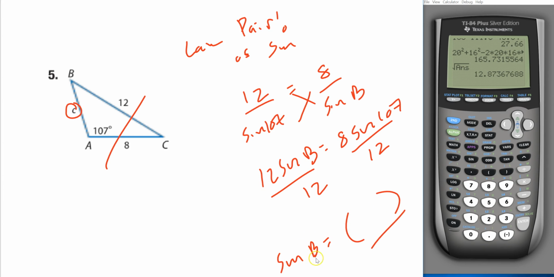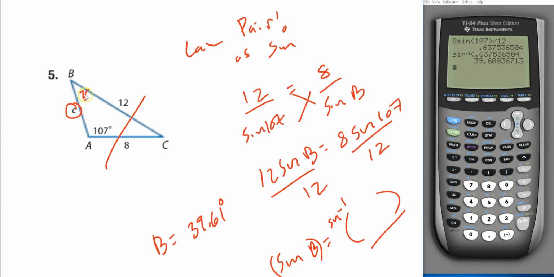Alright, so I gotta get B, not sine B. So let's sine inverse of both of those sides. I get B equals, did it all on the calculator right there, 39.61 degrees. Now, again, I gotta find C, so what do I do next? Well, again, I gotta find angle C. So let's do 180 minus these two.